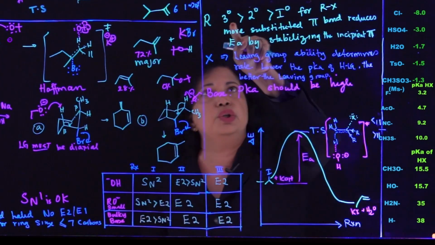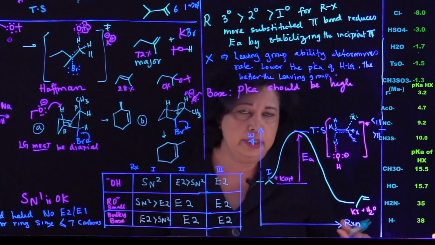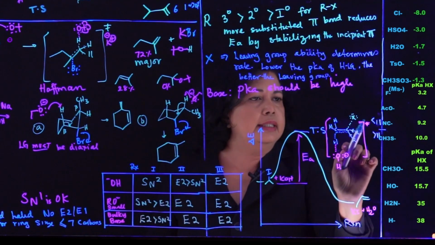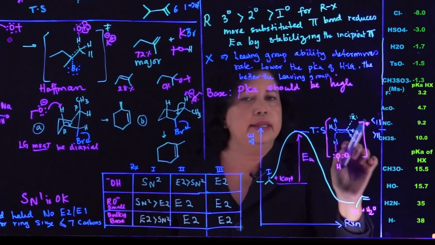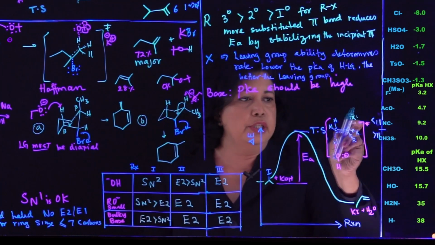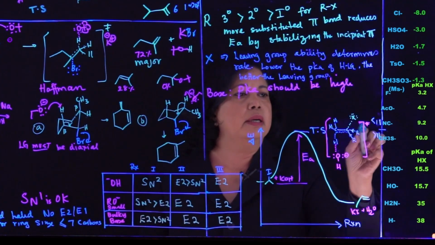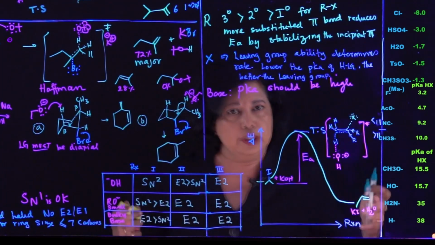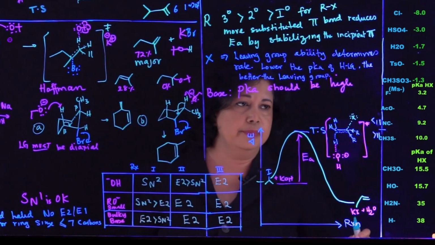So that's why tertiary is better than secondary, better than primary. Now there are also hydrogens and carbons here, and these can do hyperconjugation. In fact, that's a very big effect. The more carbon-carbon bonds you have here, the better the electron donation due to hyperconjugation.